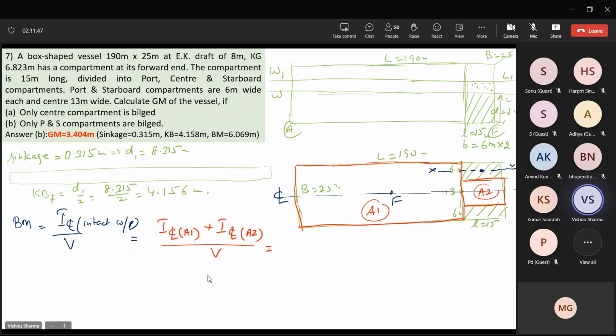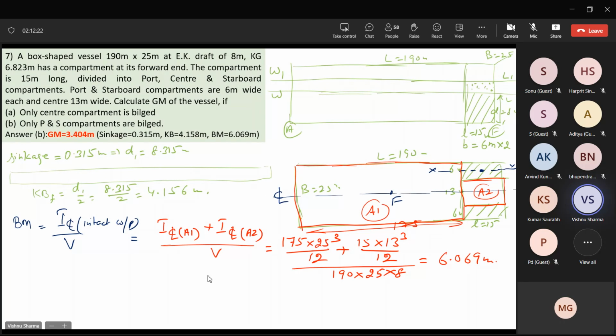This will be equal to, now ICL of A1, length of A1 is 175, 190 minus 15. This length is 175, guys. 175 into 25 cube by 12 plus the length of A2 is 15, breadth is 13 cube upon 12 divided by volume of displacement 190 into 25 into 8, and you will get a BM of 6.069 meters.